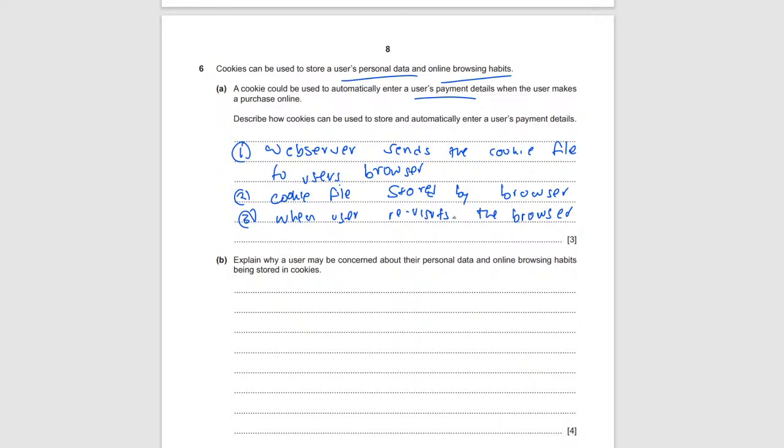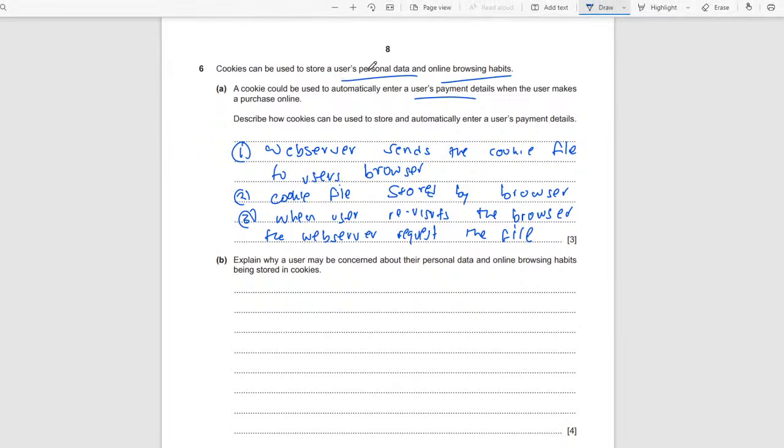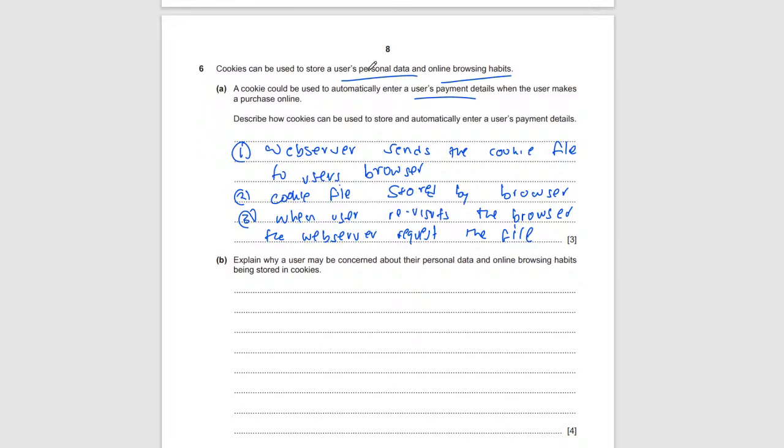So basically when the user comes back, the web server can request that file once again, so that you can see the file that was stored. Basically cookies store your data, right? As it's saying here, stores personal data.